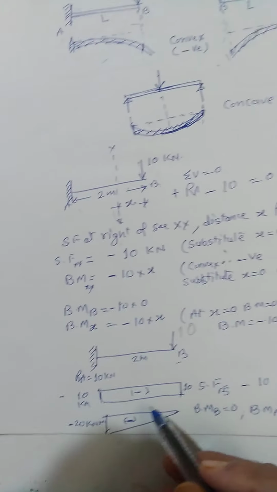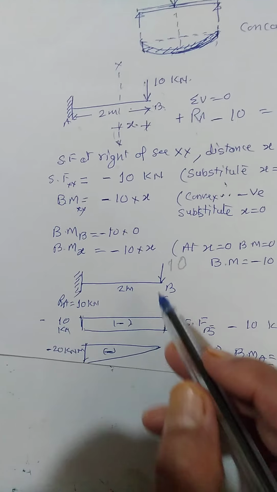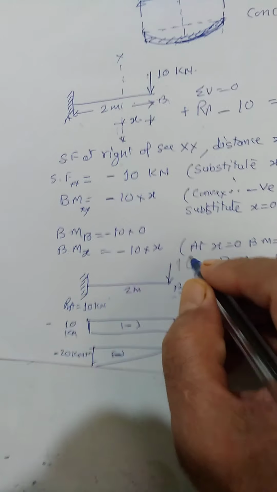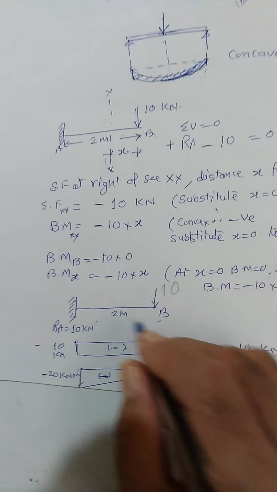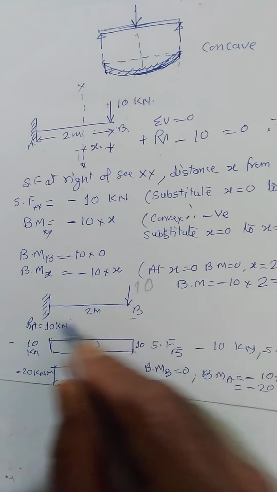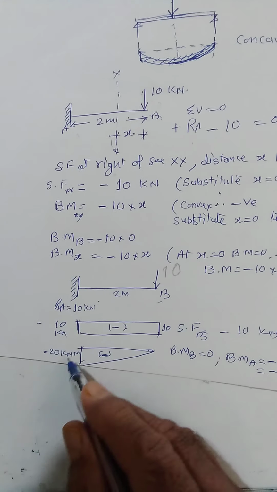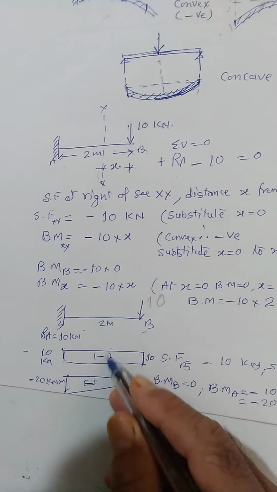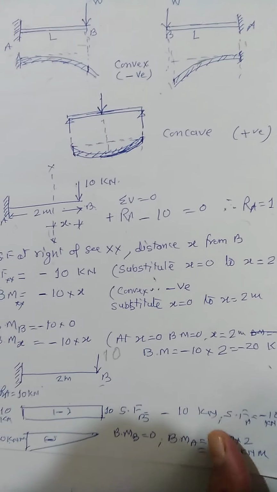Starting from 0 and reaching 20, it is a convex shape, hence always taken as negative.